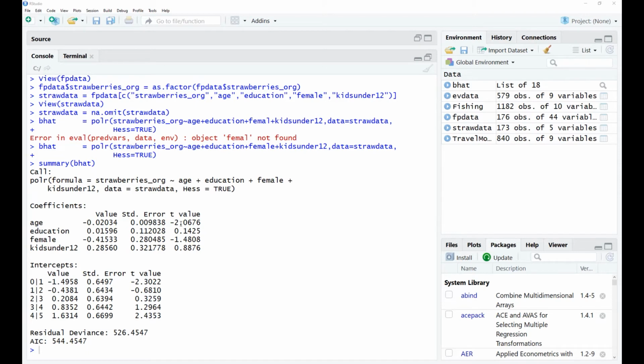So in this case, we see that we only have age as a statistically significant variable. Here we have a negative sign. What this negative sign means is that the older the person, the less likely they are to be one of the high-frequency purchasers of organic strawberries.